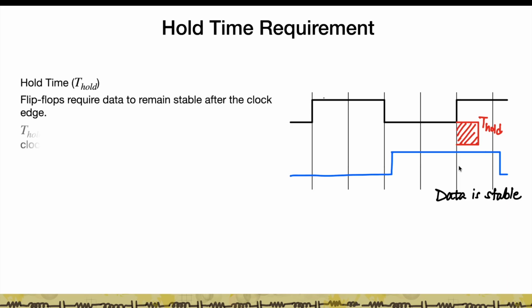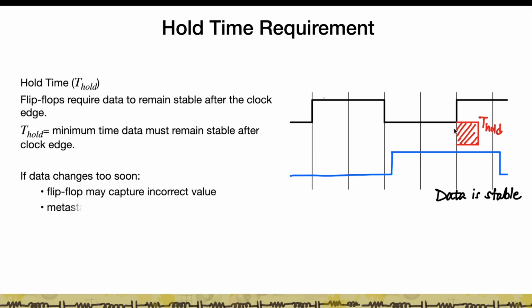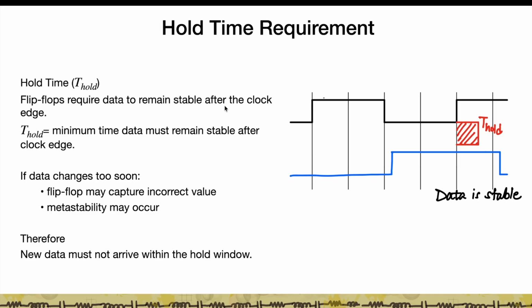Just as setup time is the minimum window before the clock edge where data must be stable, hold time is the minimum window after the clock edge where data must also stay stable. Here's the physical reason this matters. When the clock edge arrives, the flip flop's internal circuitry begins latching the value at its input. That process takes a tiny but non zero amount of time to resolve.